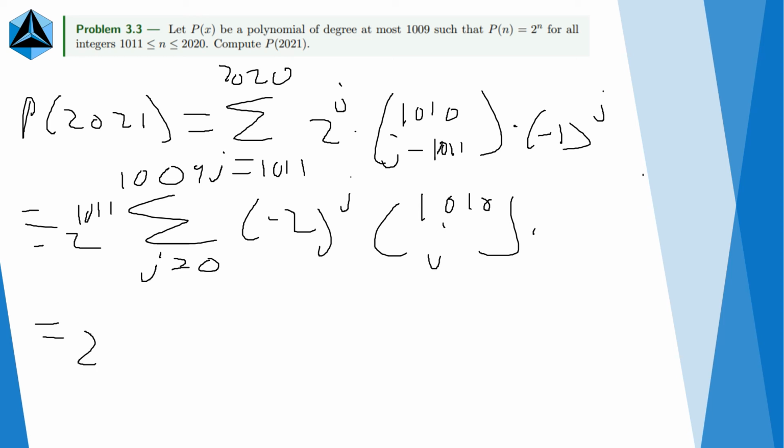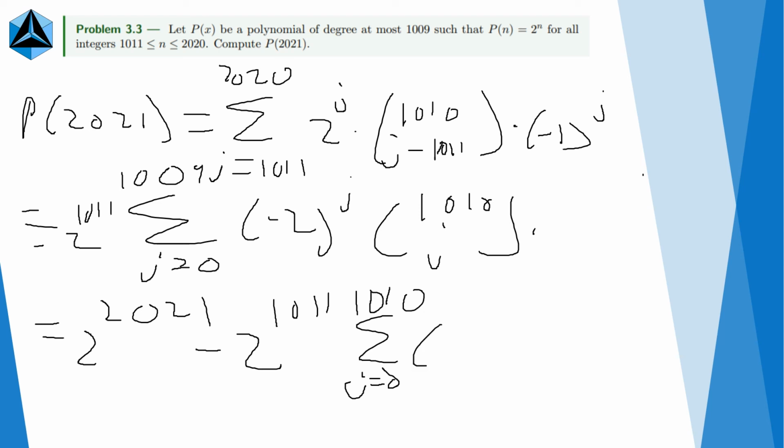So this is equal to 2 to the 2021 minus 2 to the 1011 times the sum from j equals 0 to 1010 of -2 to the j times 1010 choose j. Essentially we added a term for when j is equal to 1010, then subtracted out the term as well, so it's a net change of 0.